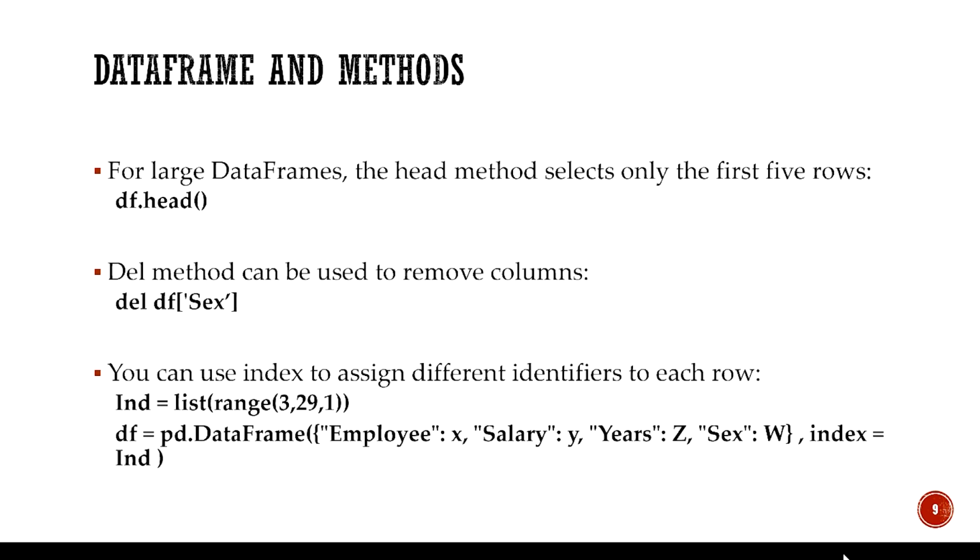Now I would like to go over a few useful methods. So when we create data frames, then we can manipulate data, right? We can get access to some columns, we can drop a column, or we can re-index each row. So let's start with the first method here. For large data frames, the head method selects only the first 5 rows. So when you call your data frame .head, you can see the columns, their headers, and the first 5 rows.